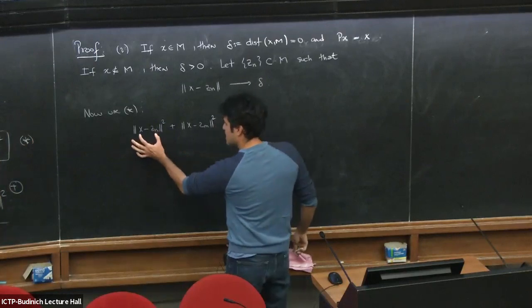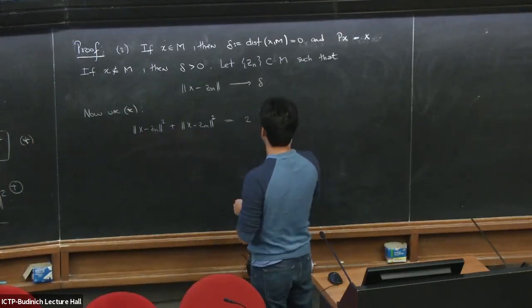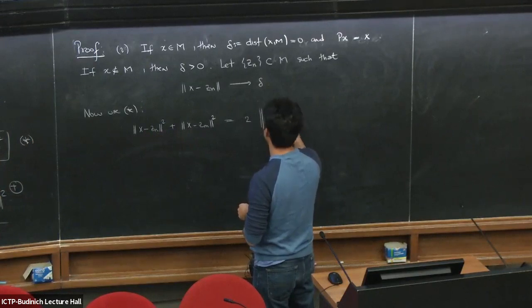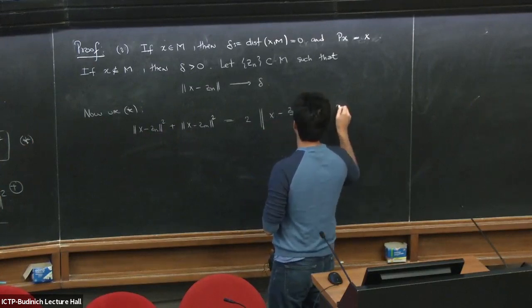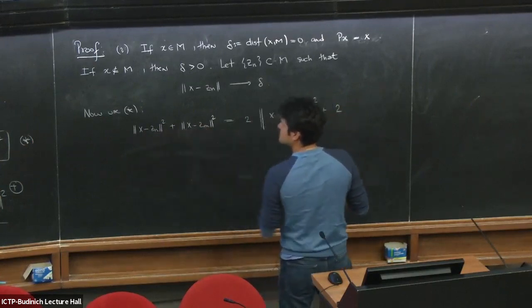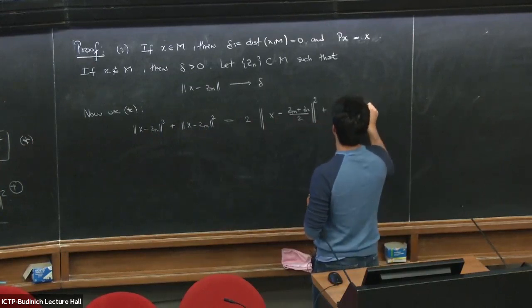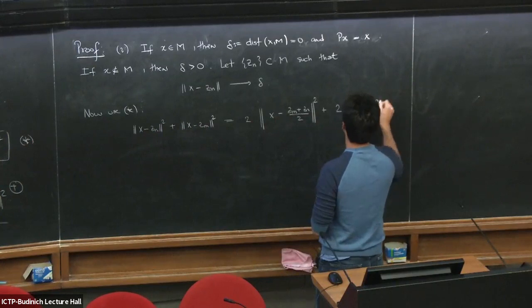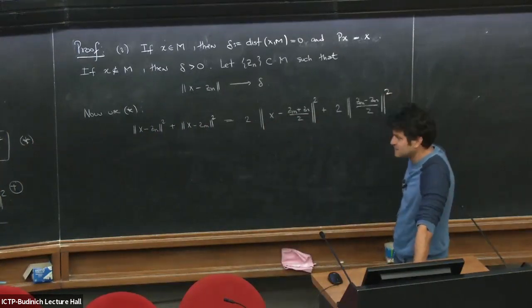So it's going to be 2 times the norm of x minus (Zm plus Zn) over 2, plus 2 times the norm of (Zm minus Zn) over 2.